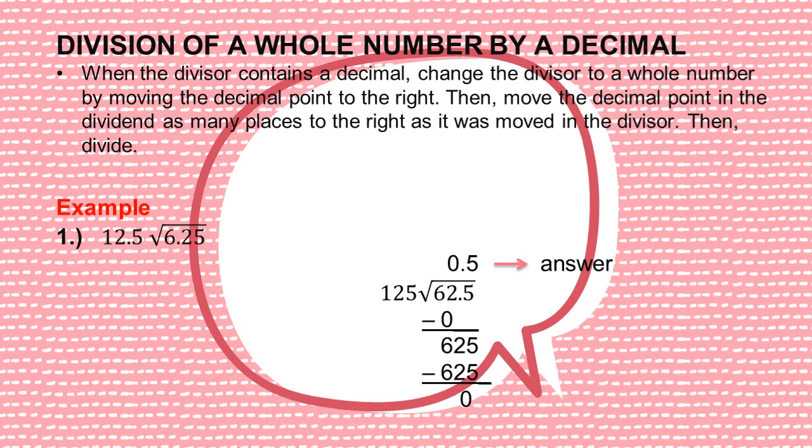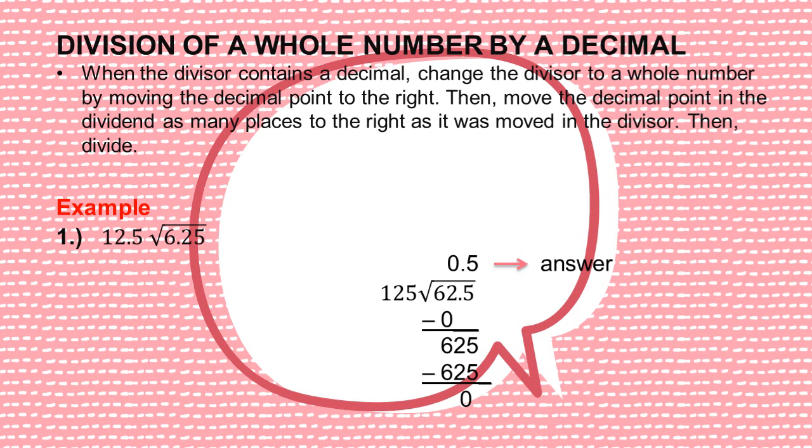And then, multiply 0 times 125 is 0. Then, subtract. So, we have 62 minus 0 is 62. Then, bring down 5. Now, let's divide again. 625 by 125, the answer is 5.